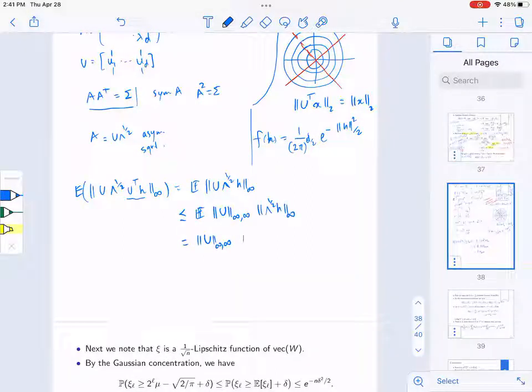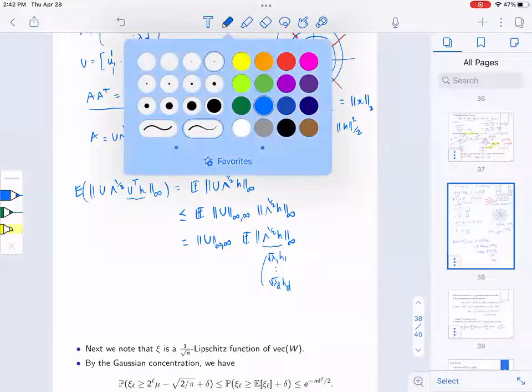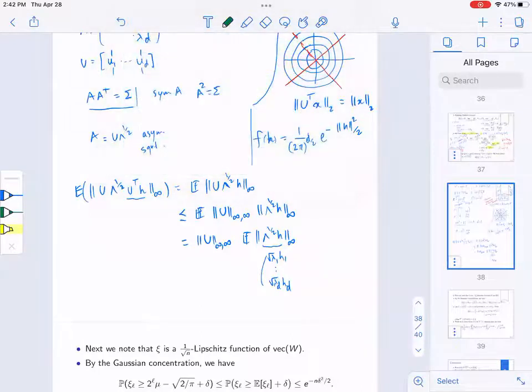And then that would be upper bounded by the largest element, the maximum absolute value of the element. So we can upper bound that by the maximum element of the rotation matrix times the diagonal matrix, which just rescales every element.